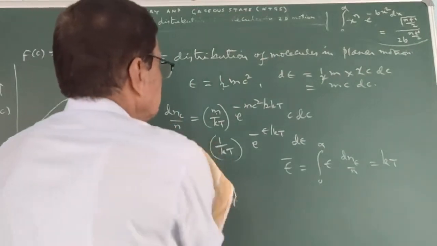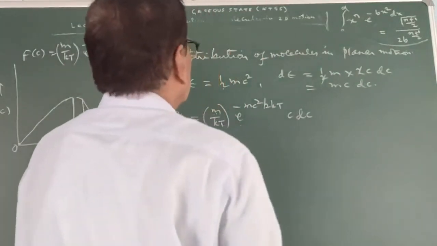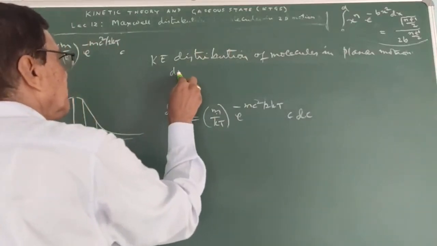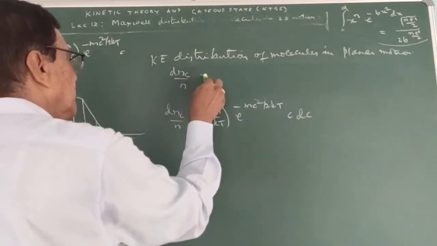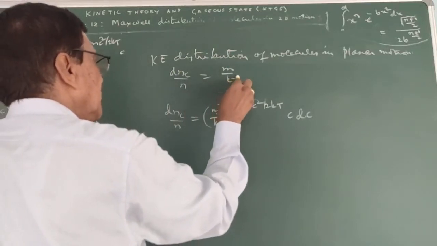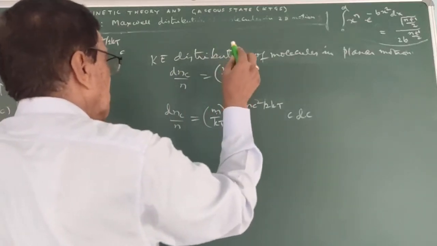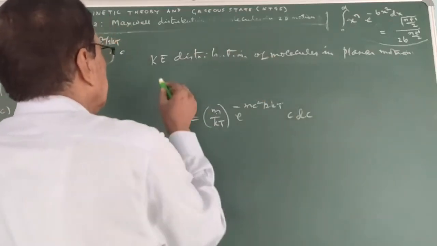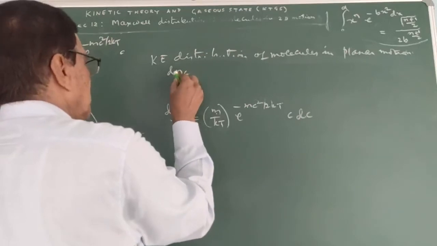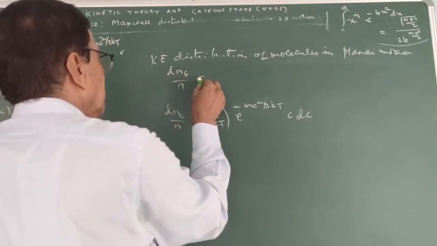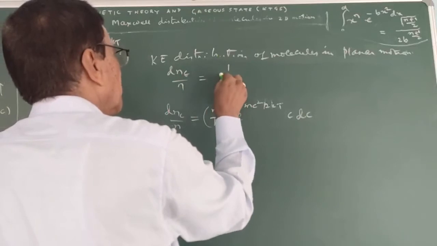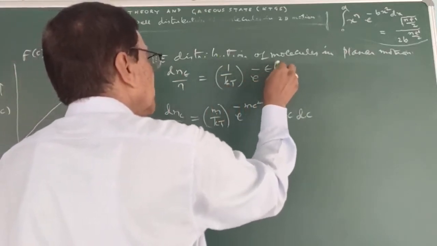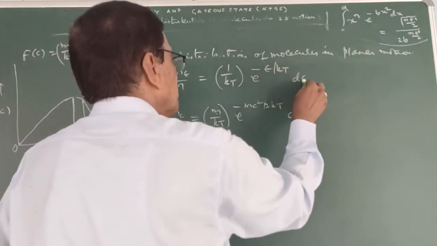Now one thing. dn_c by n equals m by kT and so on, and dn epsilon by n equals 1 by kT e to the power minus epsilon by kT and d epsilon.